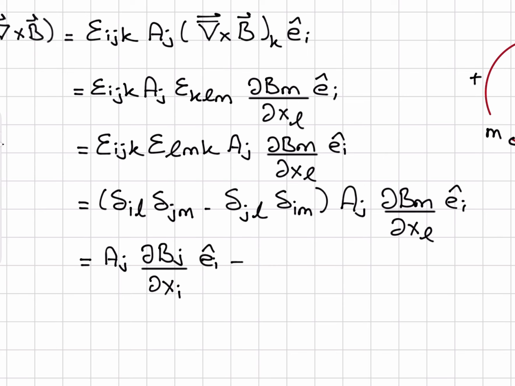And then for the second term, J is equal to L, so let's make this one L. Del BM will be made I, BI, del XL in EI hat direction.